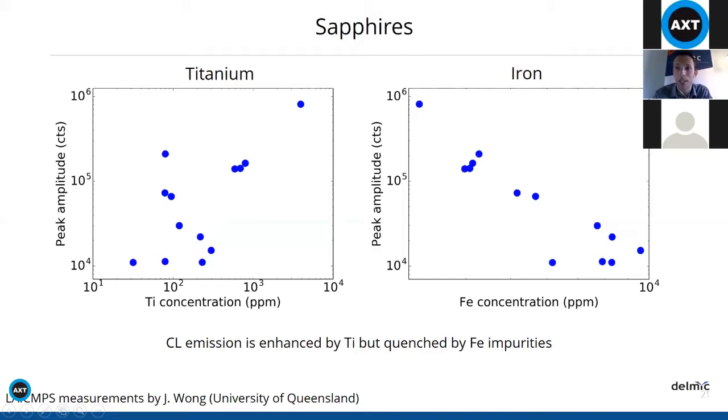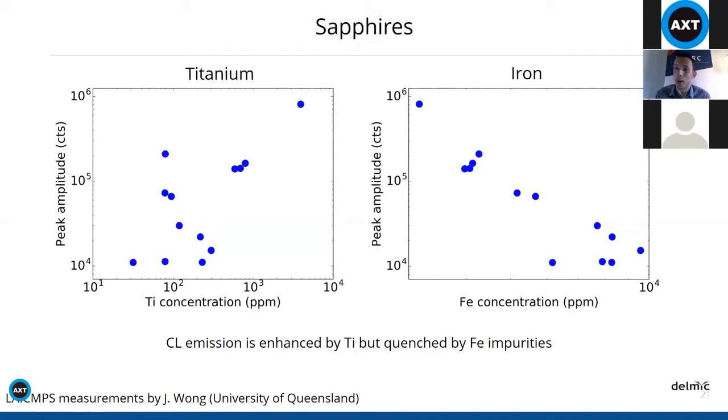But also, if you look at the iron concentration, you see that if the iron concentration increases, the CL intensity goes down. This is because iron quenches the emission from the titanium in sapphire, and this is also known.